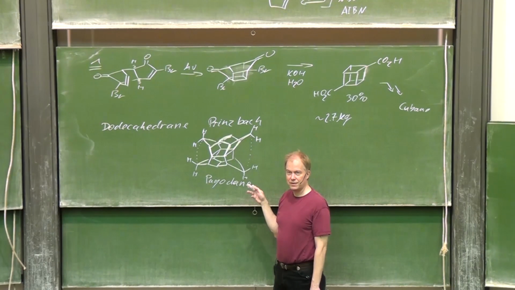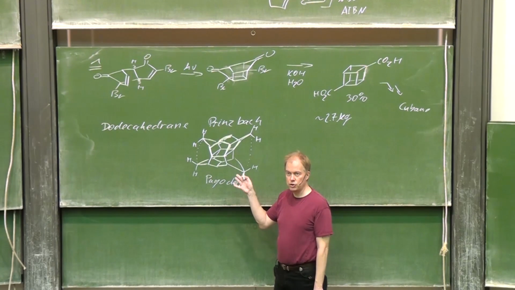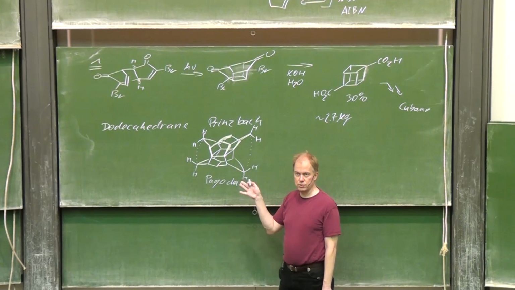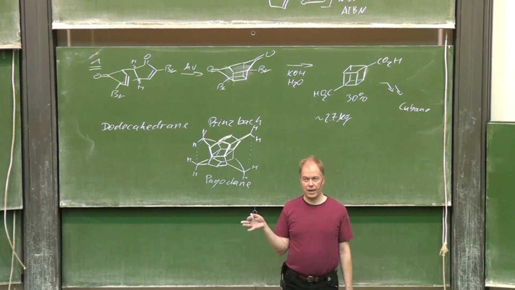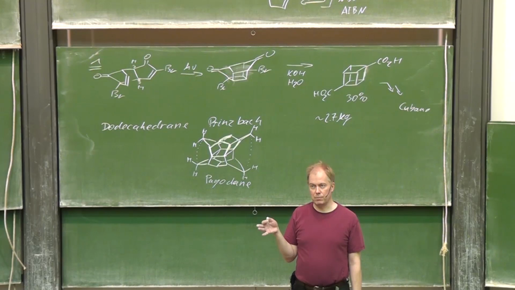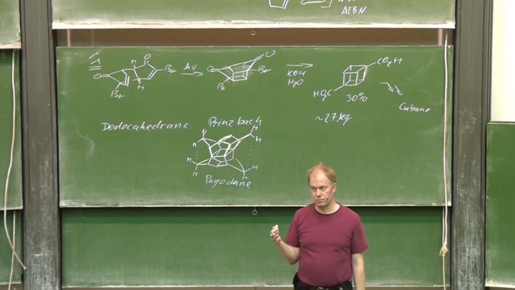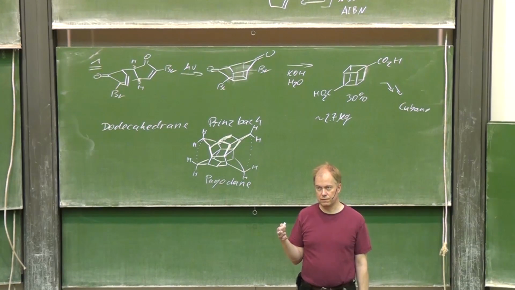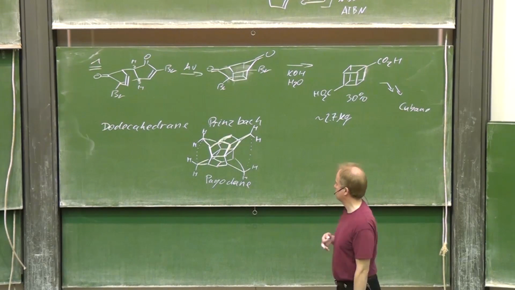Yeah? Then, well, we have dodecahedron. This is an isomer of dodecahedron, and he hoped for a rearrangement reaction similar to the case, as you certainly remember, of the adamantane synthesis of Paul von Ragué Schleyer.